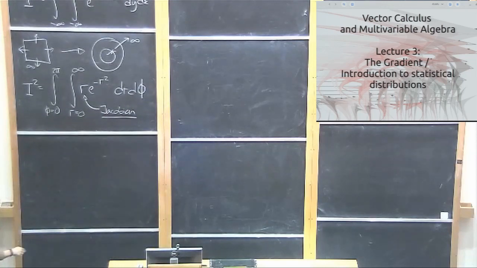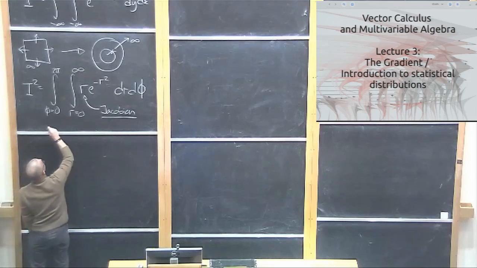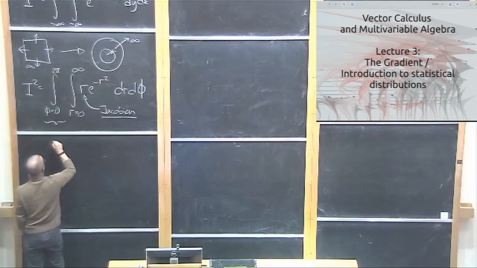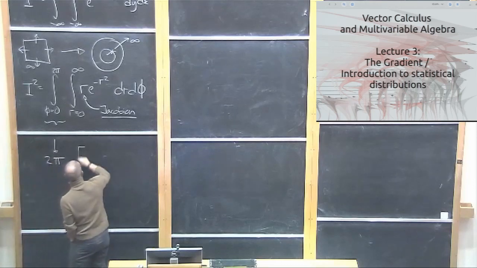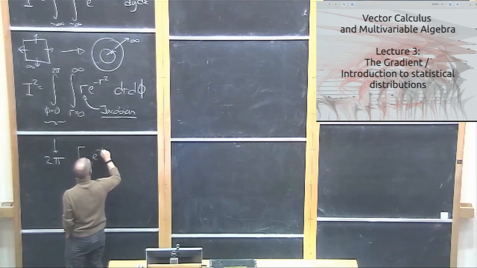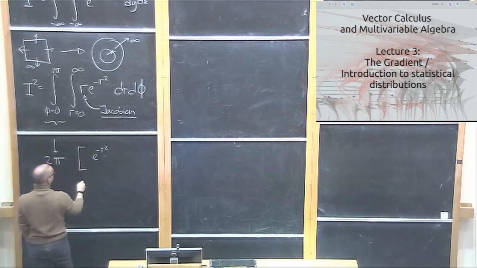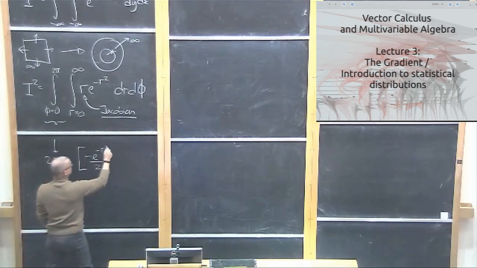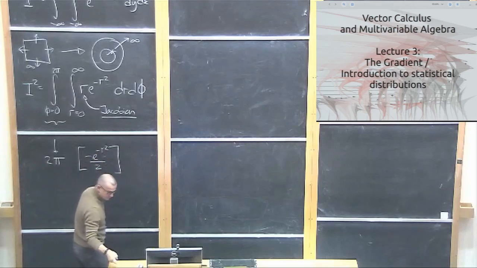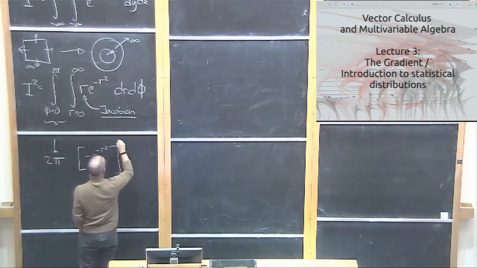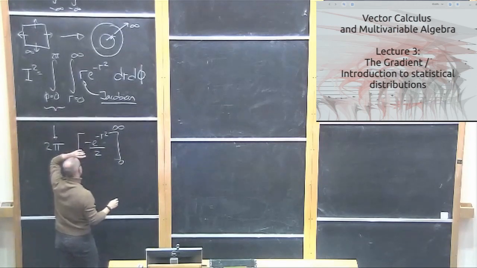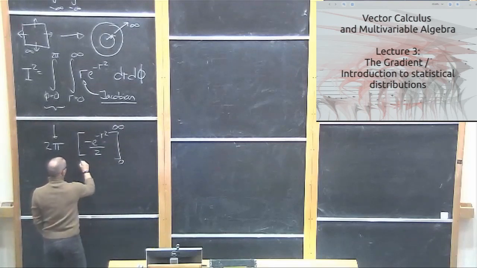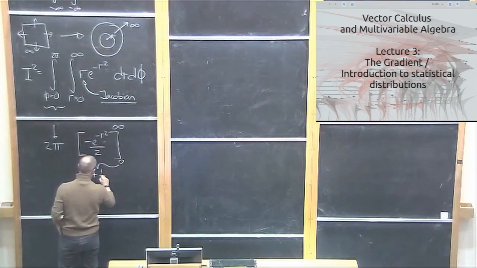And now this is a relatively straightforward integral to evaluate. So this part here, I know is just going to come to 2 pi. And this part here is the integral of e to the minus r squared times r. That would put a minus 2r over there. So that's going to give me that between 0 and infinity. And that's going to give me plus a half.